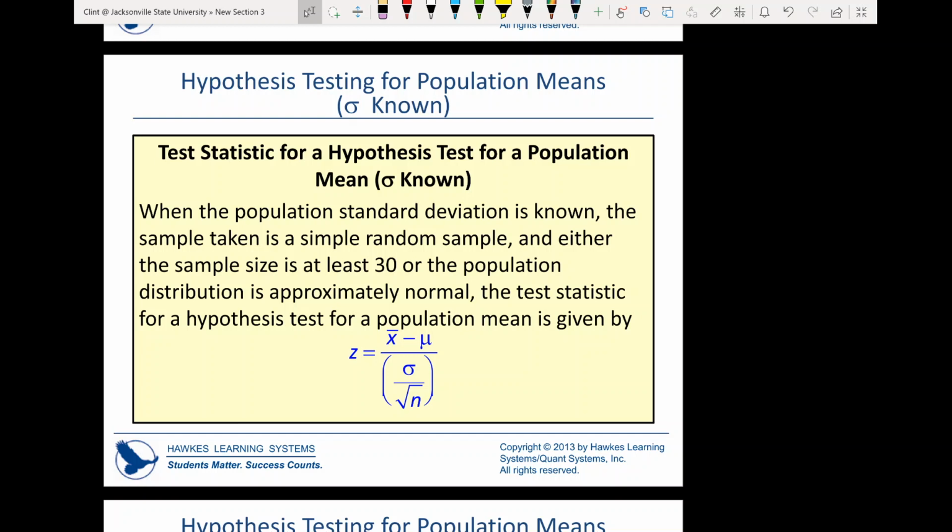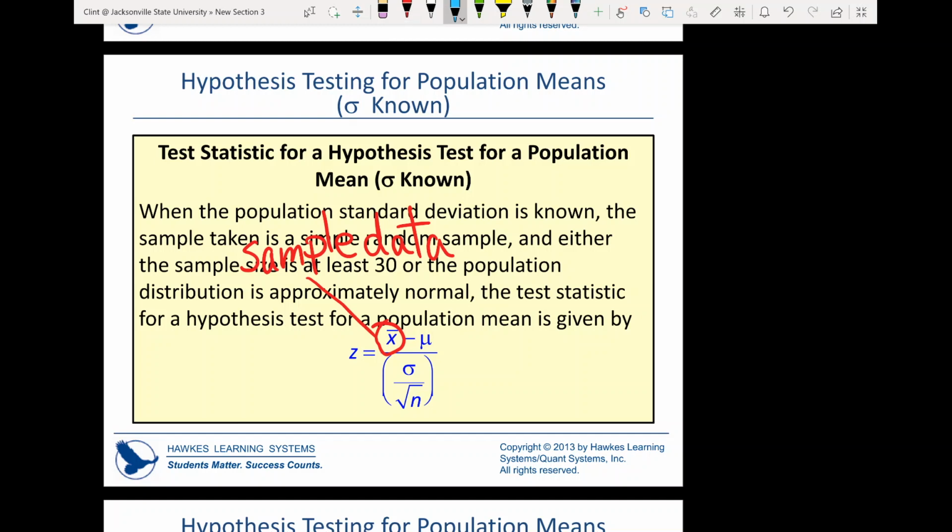Something that's really important to remember here is that this x bar is always going to come from our sample data. So when it says we've collected some data and calculated the mean, that's going to be x bar.